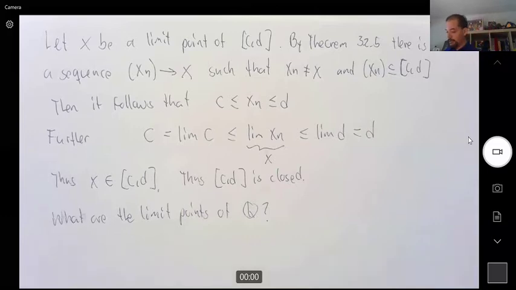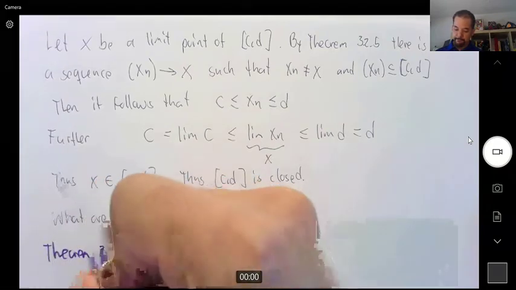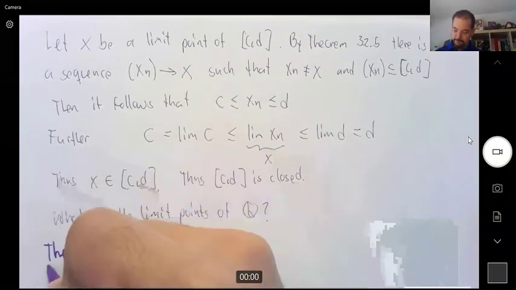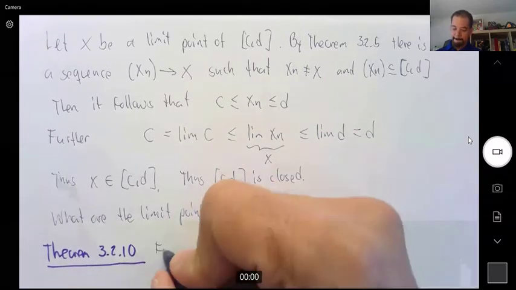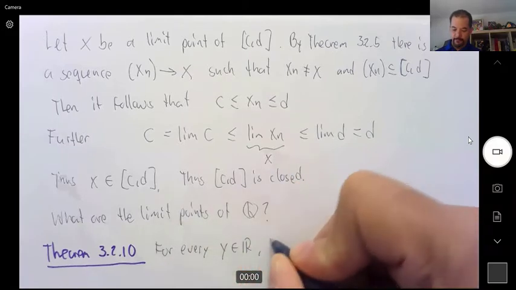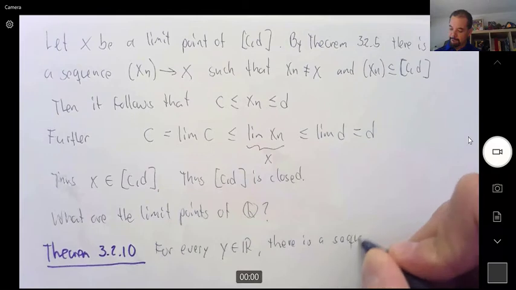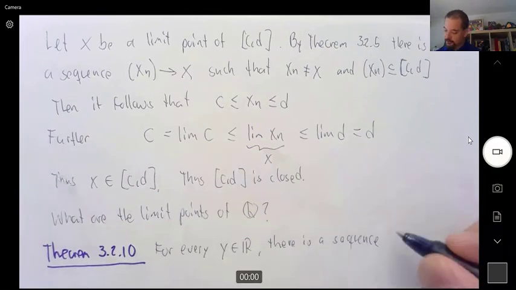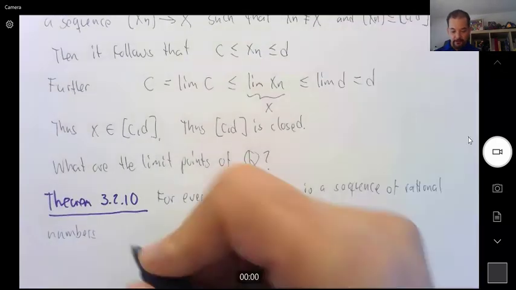And we have a theorem that explains that. So this is theorem 3.2.10. And it says for every y in the real numbers, there is a sequence of rational numbers that converges to y.